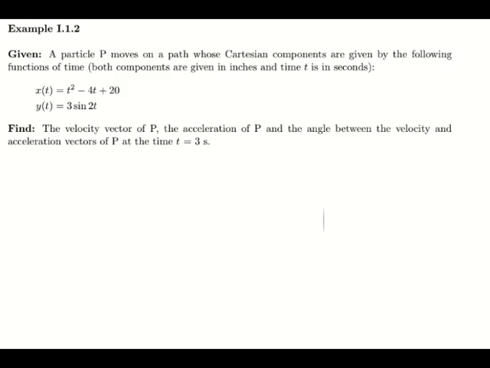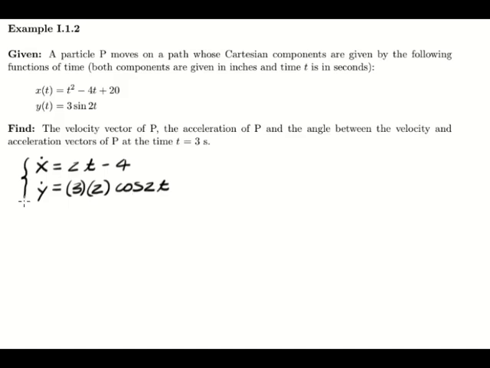We're given that x is equal to t squared minus 4t plus 20. So therefore we can say that x dot is equal to 2t minus 4, and y dot is equal to 3 times 2 times cosine 2t.